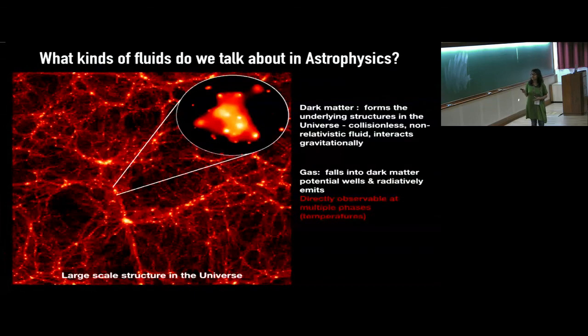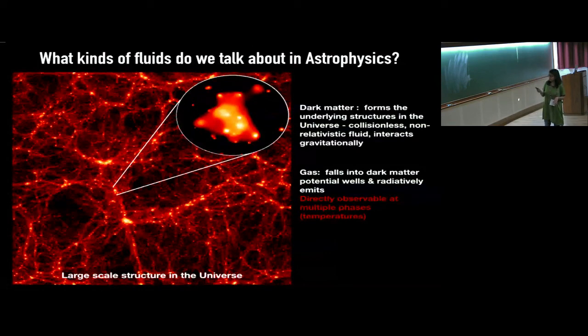So gas traces all of these, because this is something which we observe. And as I mentioned, gas appears at different temperatures, which we see at different wavelengths across the electromagnetic spectrum.